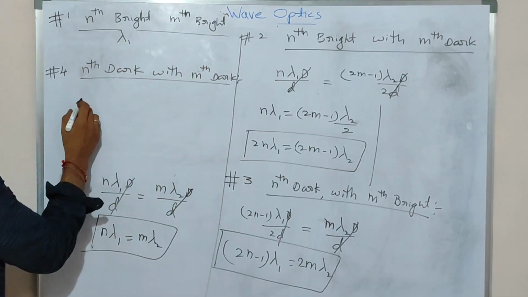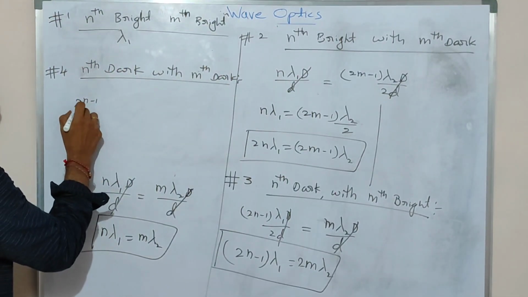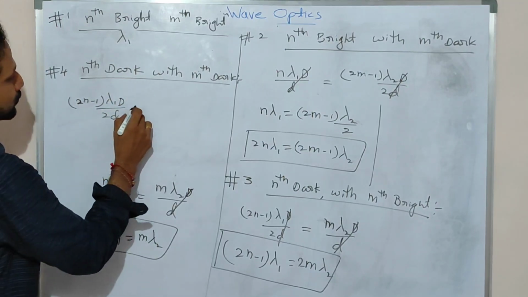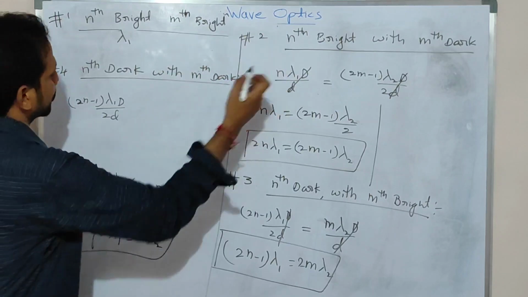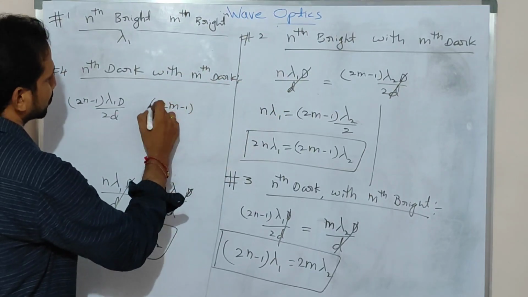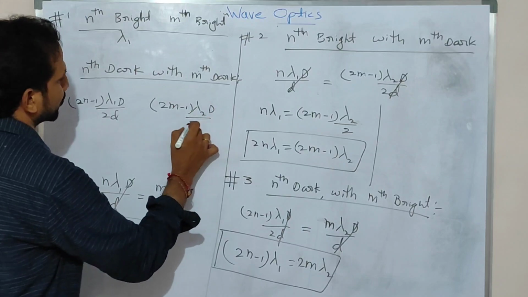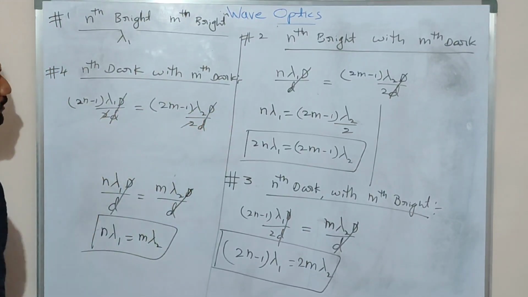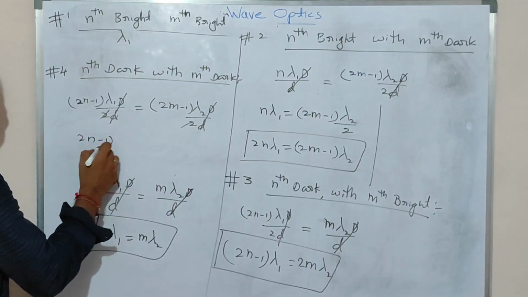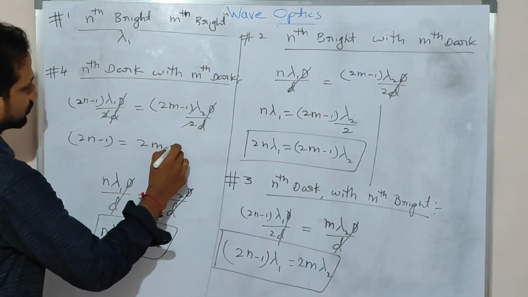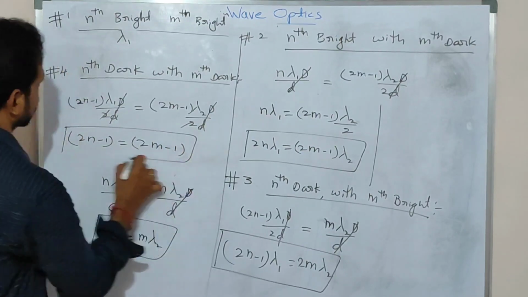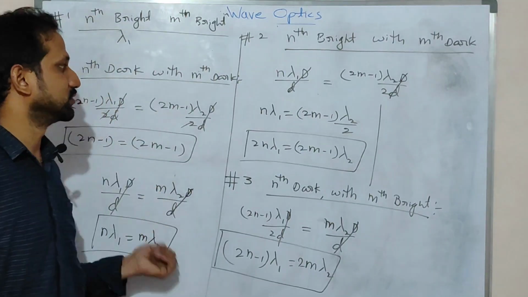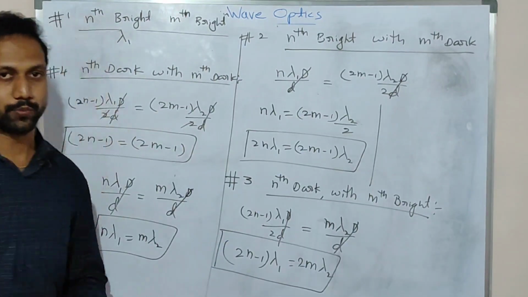The nth dark fringe of lambda 1 is (2n minus 1) lambda 1 D by 2d. And the mth dark fringe of lambda 2 is (2m minus 1) lambda 2 D by 2d. Both are equal. If you cancel, you will get 2n minus 1 equals 2m minus 1. You should remember these 4 cases, and the problem can be asked on any one of these 4. I hope you all got it.